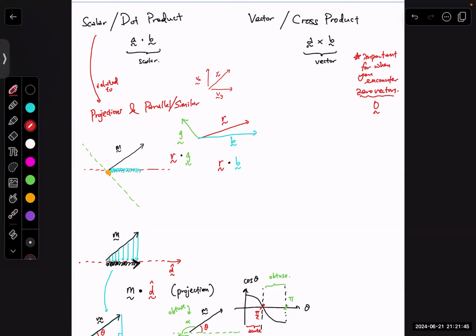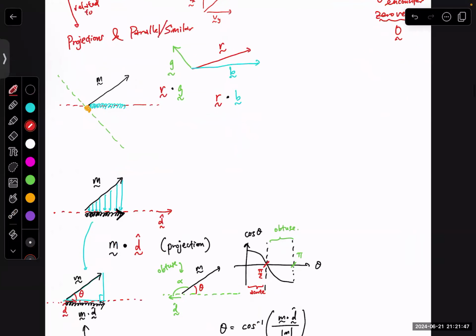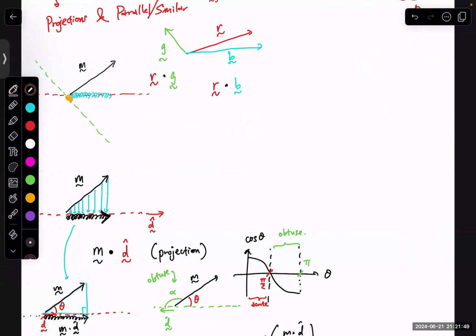So let's draw a few pictures to note this down. If your vectors are pointing somewhat in the same direction, let's say this is a vector A, vector B, then in this case, vector A dot B is going to be positive.